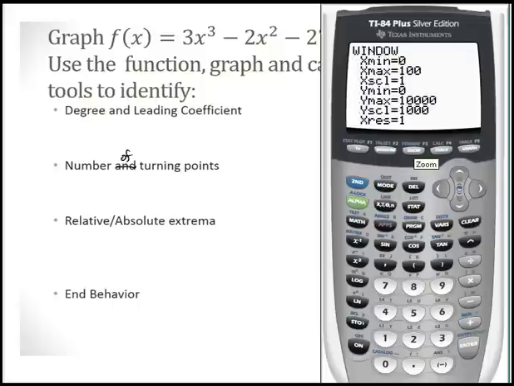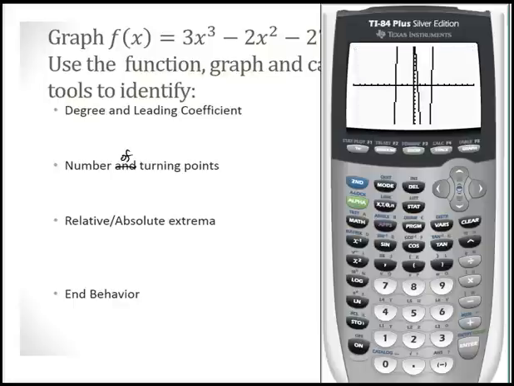I'm going to start in the standard window, so let me go from -10 to 10 by 1s on the x, and same thing on the y's, -10 to 10 by 1s on the y, the standard window. Alright, and so I see some stuff here. It looks like if I'm moving from left to right, it appears to be increasing. Now I think somewhere up here there's going to be a turning point, and then it's going to decrease, and have another turning point, and then it'll increase again.